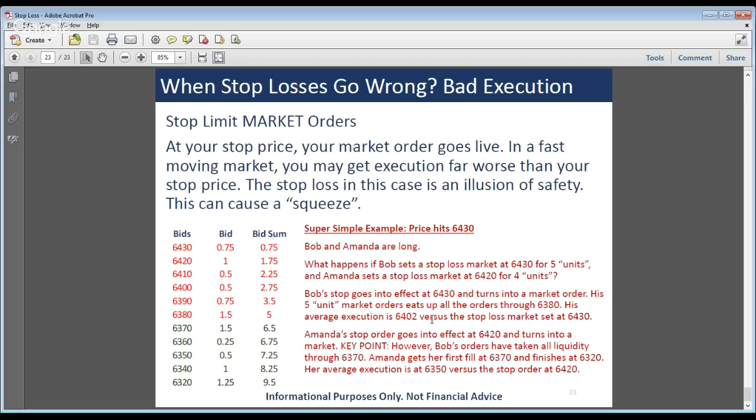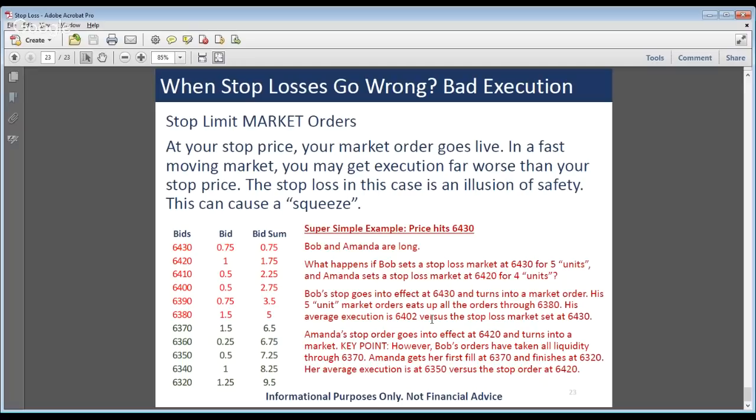Bob's stop goes into effect at 64.30 and turns into a market order. His 5 Bitcoin market order is going to eat up all the liquidity down to 63.80. You can see in the table to the left, the red font is what Bob just ate up. You can see the bid sum, the sum of the Bitcoin available. So he eats up all that, and his average execution here is 64.02.